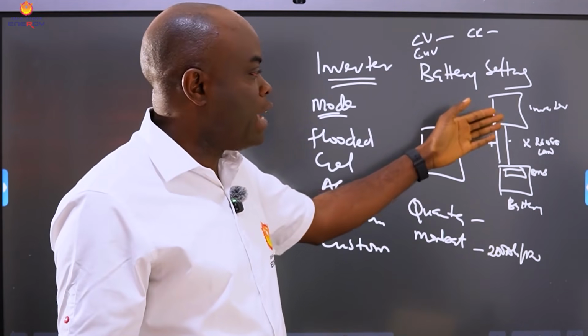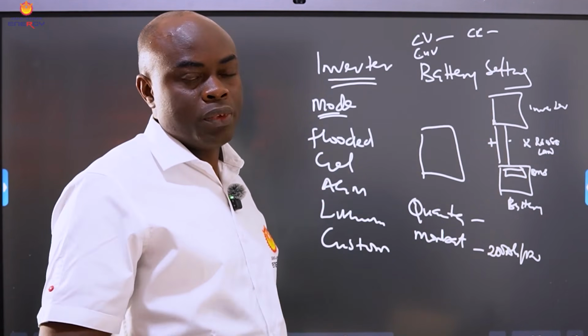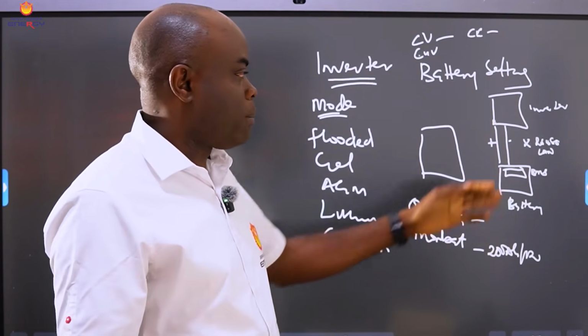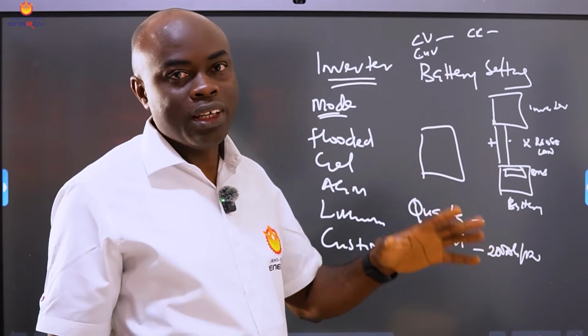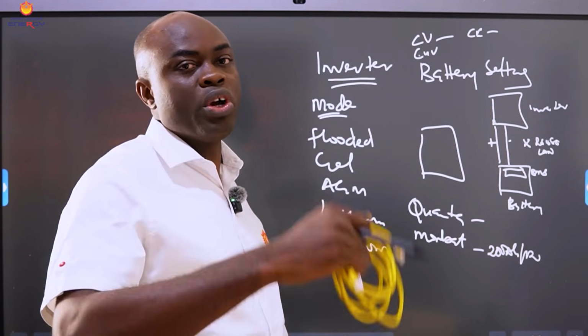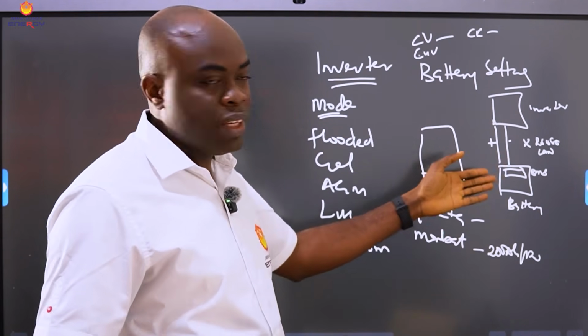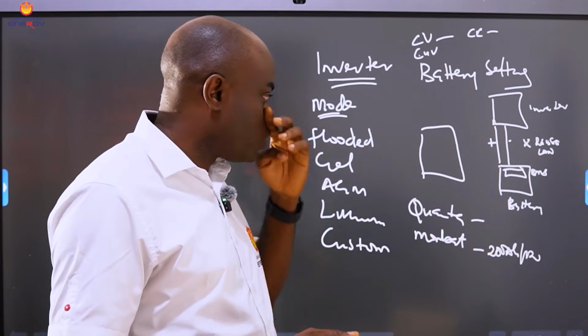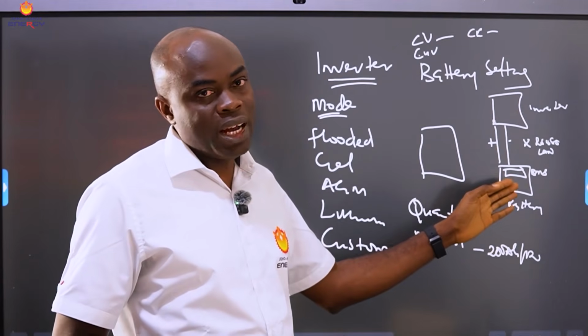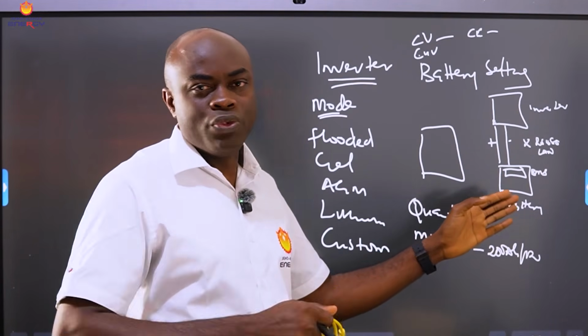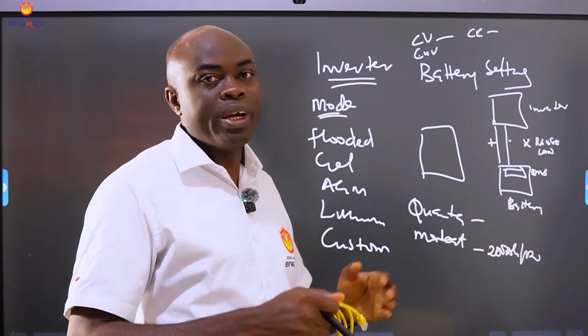So why do you need to know the temperature? Because when a battery is being charged, there is heat produced, right? So when you keep on putting more current into the battery and the temperature is going high, it's going to affect the battery. And most of the time, that is what causes most batteries to swell up at the end of the day. But when the system understands, oh, this battery temperature is high, let me stop charging the battery until it's cooled down.